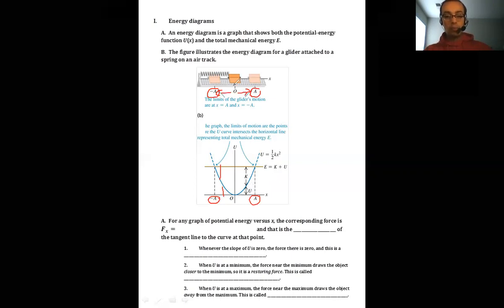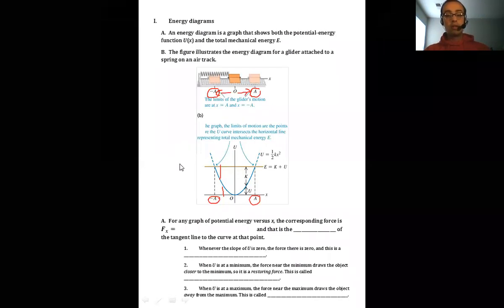And you'll notice that at point O, the potential energy is 0, and all of the energy is kinetic. Similarly, at negative A and positive A, all of the energy is stored as potential energy, and none of the energy is kinetic. So in other words, the spring is fully compressed or fully extended.